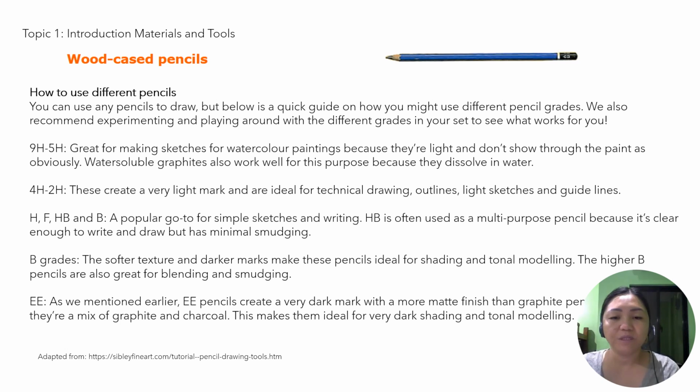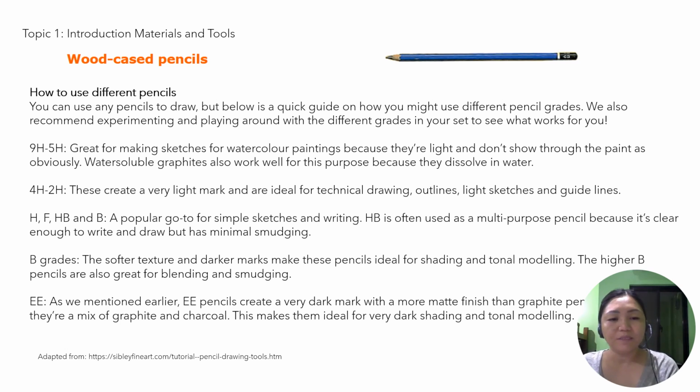HB is often used as a multi-purpose pencil because it's clear enough to write and draw but has minimal smudging. B grades have a softer texture and darker marks, which makes these pencils ideal for shading and tonal modeling. The higher B pencils are also great for blending and smudging.